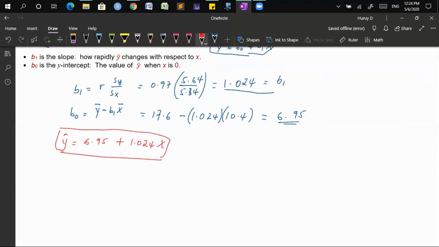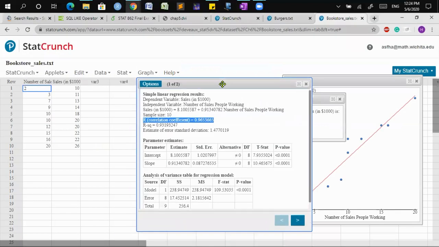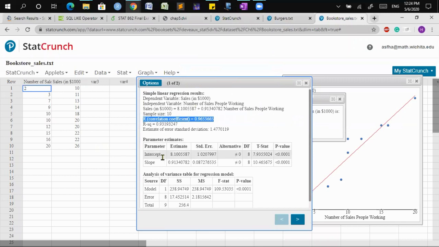Okay, and let's see if we get close numbers to this one using StatCrunch. Obviously, there will be some rounding error, but we expect that. If you look at this one, this is the intercept, and obviously there is a big difference.